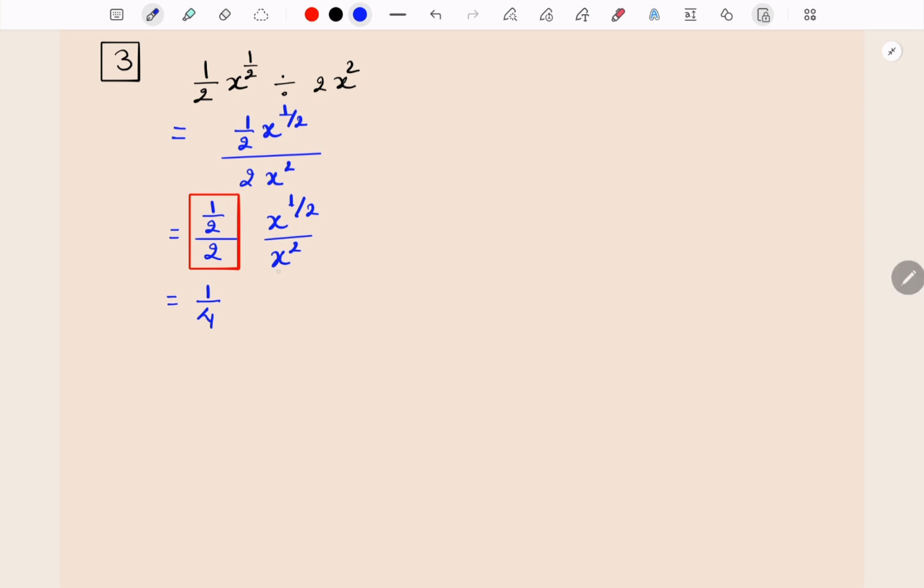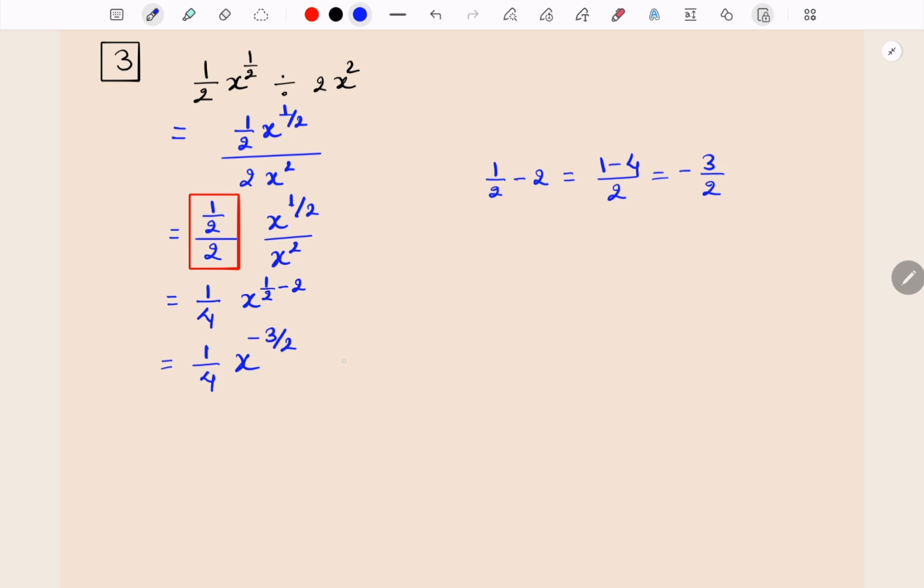Here the base is same, that is x, and we are performing the operation of division. So I will keep the base x and I will subtract the powers. So 1 over 2 minus 2 is actually 1 minus 4 over 2, that is negative 3 over 2. So I will write 1 over 4 x raised to the power of negative 3 over 2.